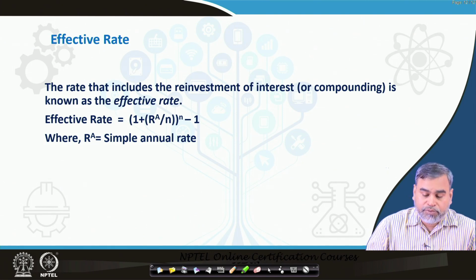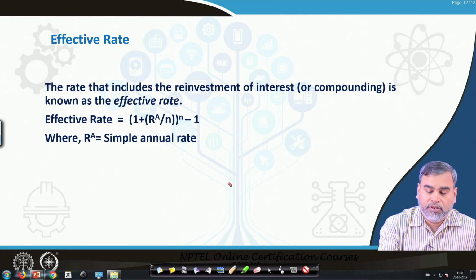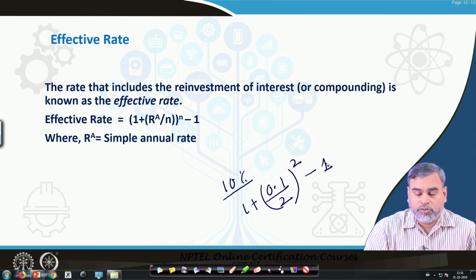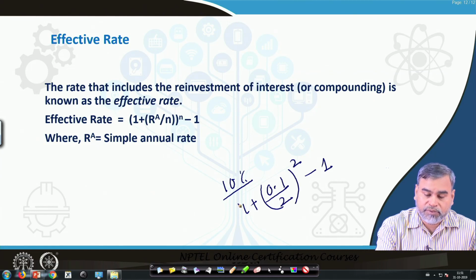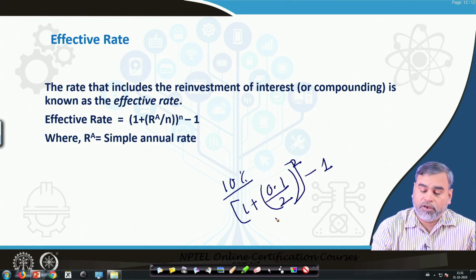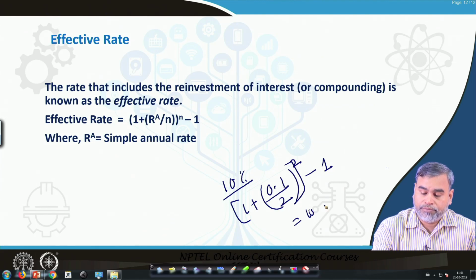So, in the previous example, your interest rate was 10%. So, now it will be 1 plus 0.1 divided by 2, which is the interest rate paid on a 6 months basis, to the power 2 minus 1. That will give you the effective rate, which comes to 10.25%.